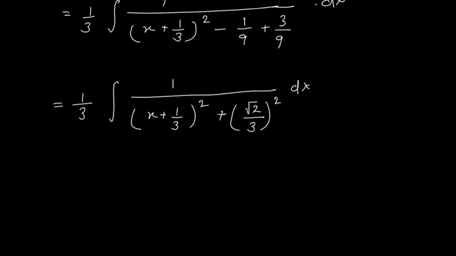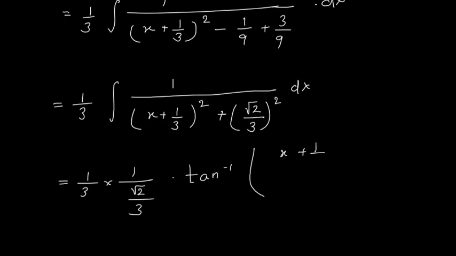So its integration is 1 upon 3 into 1 upon root 2 upon 3 into tan inverse. The value of x is (x plus 1 upon 3) divided by root 2 upon 3, plus I will take a constant of integration as c2 here.